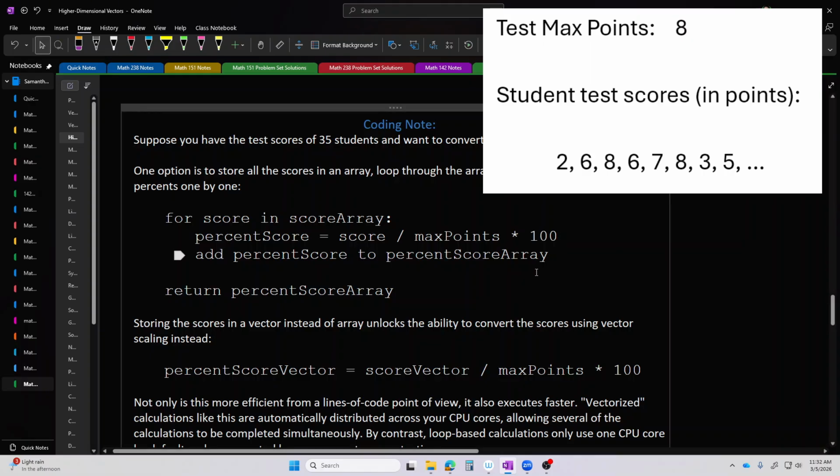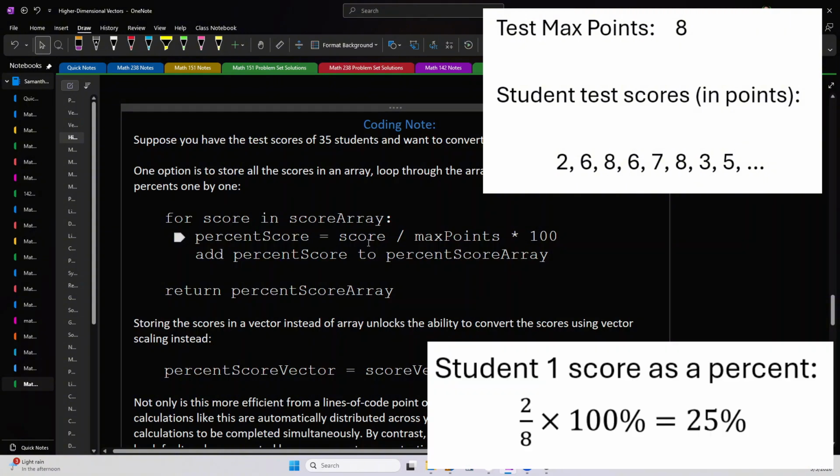And this basically is saying I'm going to get all of my test scores, and then one by one, I'm going to take each score, I'm going to divide it by the exam's maximum number of points, and I'm going to multiply that by 100, and that's going to turn that individual score into a percent. And so this is calculating these scores one by one, doing a single separate calculation for every single student and every single student's test score.